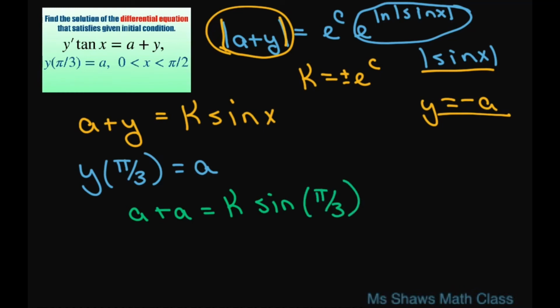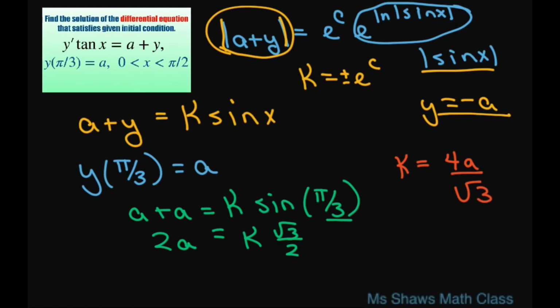So this is going to be 2a equals k times, and sine of pi divided by 3 is square root of 3 divided by 2. So solving for k, we're going to get k equals 4a divided by square root of 3.